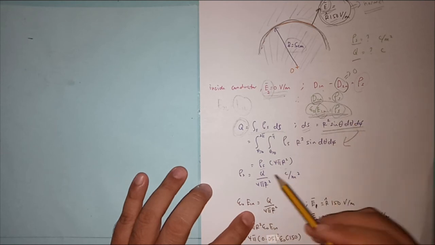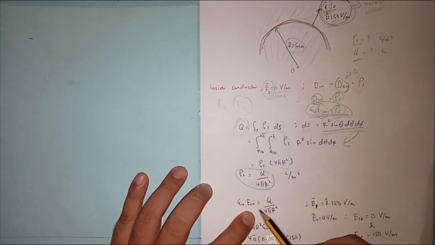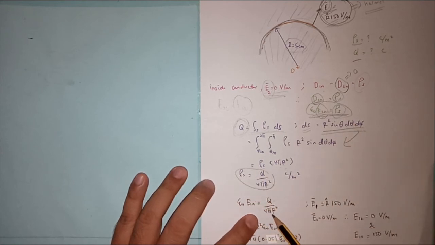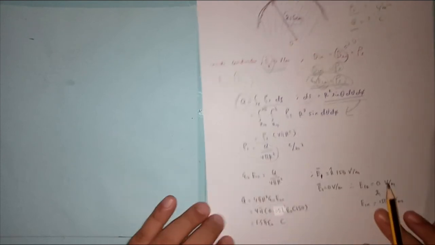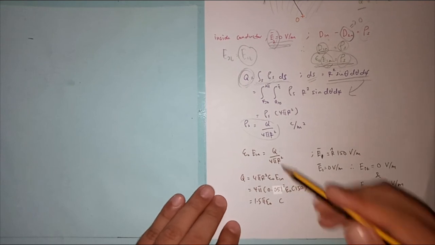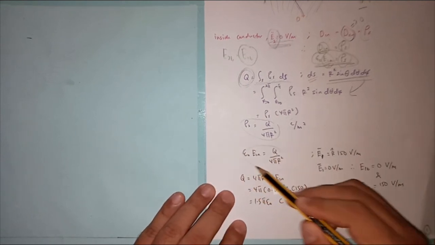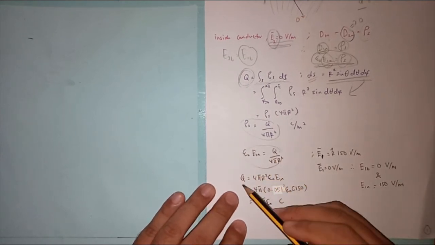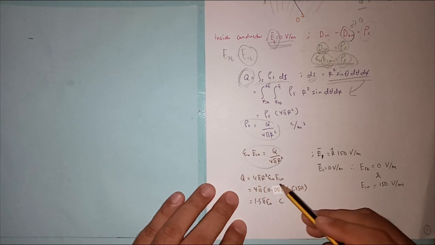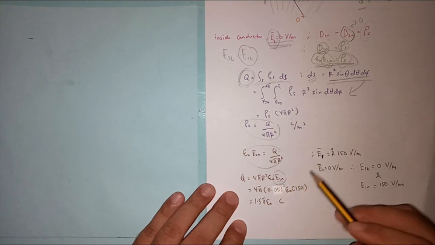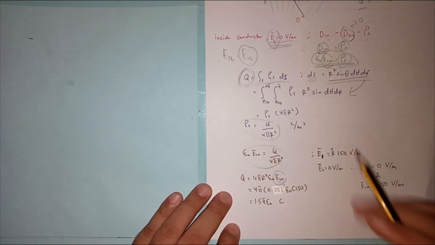The rho s can be represented as Q divided by 4 pi r squared. If we rearrange this equation, then Q is equal to 4 pi r squared epsilon naught E1n, the normal component of the vector of electric field intensity inside the air.